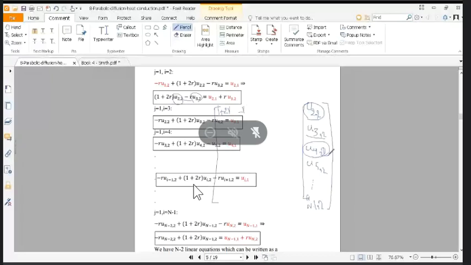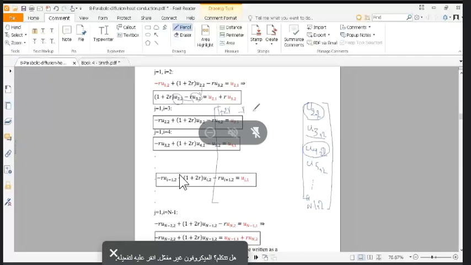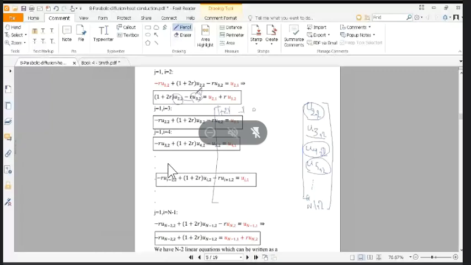We don't have u4 and 2 in this equation, and the coefficient is 0. The next is the coefficient of u5 and 2. And in the first equation, I don't have the u5 and 2, and the coefficient of this u is 0.